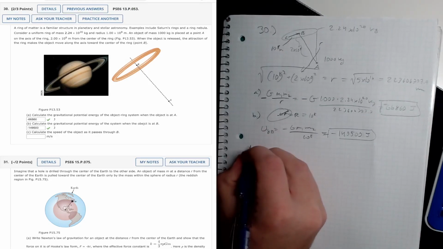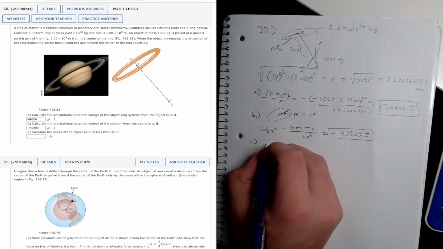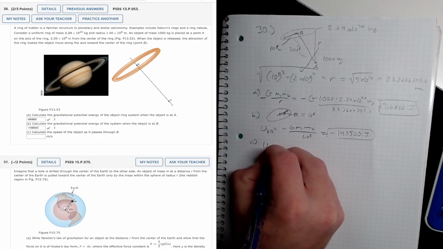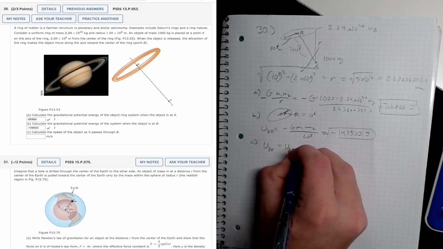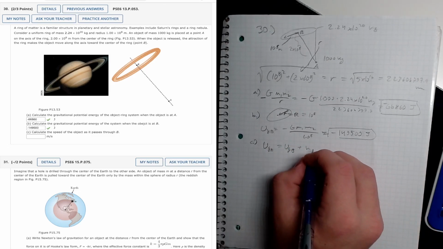And now for part C, calculate the speed of the object as it passes through B. So we'll use the gravitational potential energy at the start is equal to the total energy at the end. So UG at A equals UG at B plus K at B of the little object.